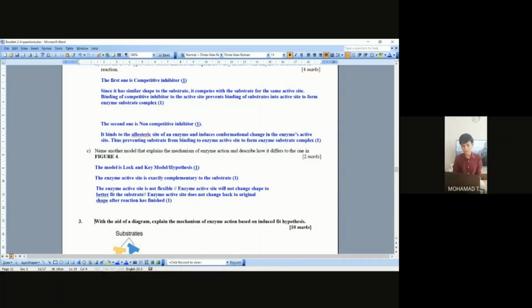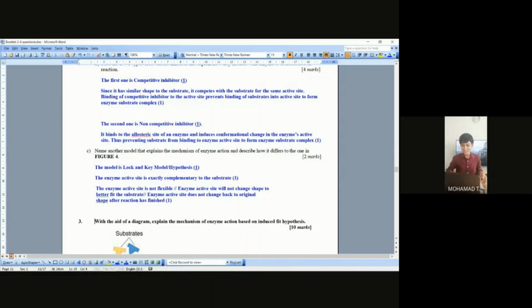Okay, seperti yang di bawah tersebut, the enzyme active site is not flexible, okay, or enzyme active site will not change shape to better fit the substrate, okay, or enzyme active site does not change back to original shape or conformation when the reaction has finished. Okay, so these are the other examples of explanation that you can write down, okay, in case if the question asks. Okay, so just several options.